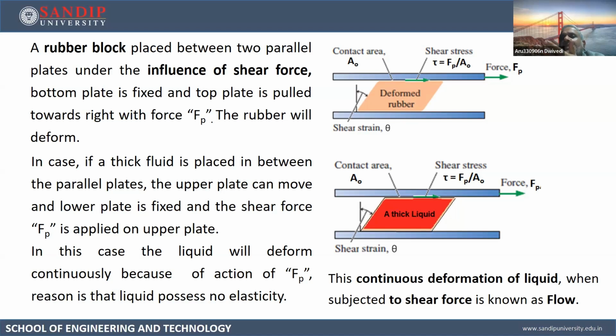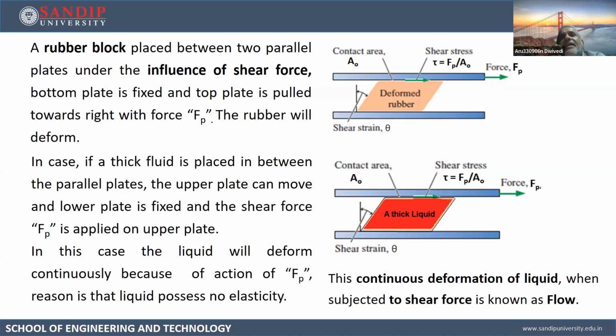Why? Because the shear strength of the liquid is too less as compared to the solid. So whenever you are applying the force Fp, that is a shear force, there is a process of continuous deformation till the force Fp is in action. And the liquid will start moving. So this continuous movement of the liquid under the action of the shear force is known as a flow.